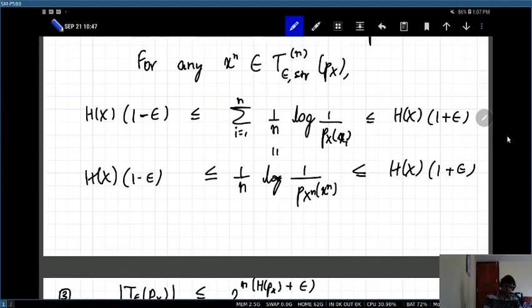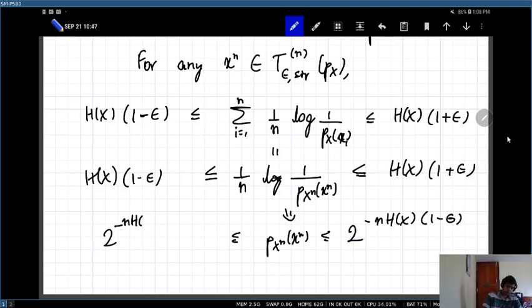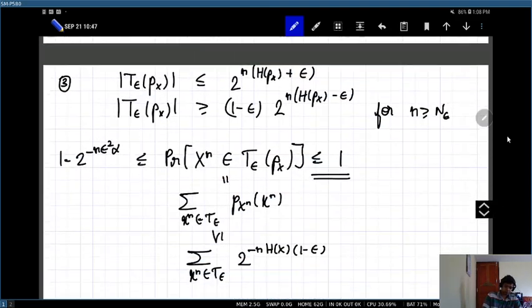So this basically tells you that P_{X^n}(x^n) is between 2 to the minus n H(X) times 1 plus epsilon and 2 to the minus n H(X) times 1 minus epsilon, right?